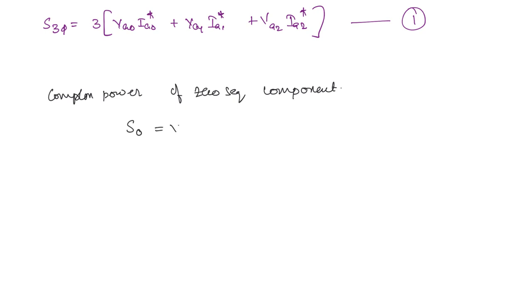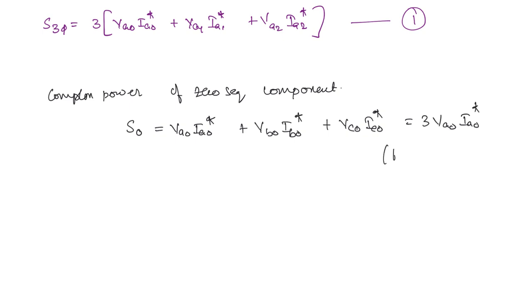This is going to be Va0 Ia0 conjugate, the A phase component, plus the B phase, VB0 IB0 conjugate, plus the C phase, VC0 IC0 conjugate. Now all of these are equal because this is a balanced system. So you can write this as 3 times Va0 Ia0 conjugate, balanced system.